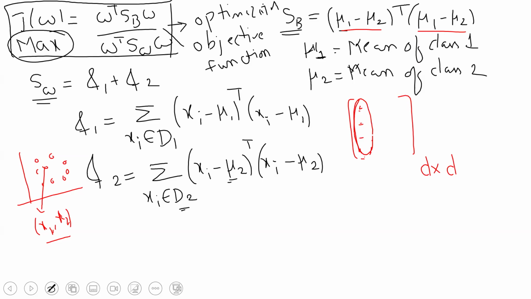All right, so just understand that it would be a d by d matrix, right? So mu1 minus mu2 for this would be a d by d matrix basically. Are you able to analyze this, I mean accept this as a d by d matrix or not?